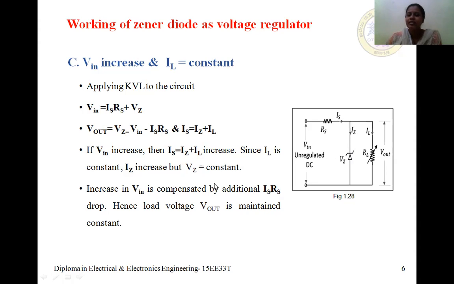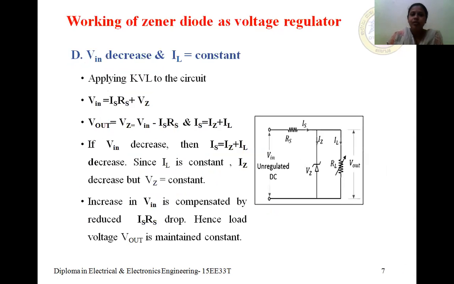Okay, this is the third case, how the voltage is maintained constant even when Vin is increased and the load current IL is constant. Moving on to the next case, that is when Vin decreases and the load current is constant. You can see in this diagram, when Vin decreases, the load current IL is constant.